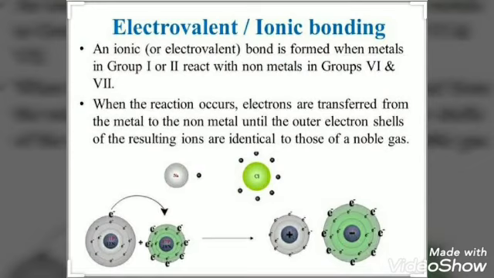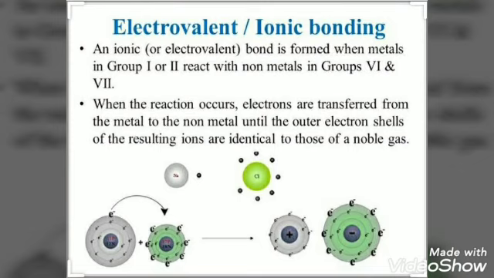The positive ions and the negative ions attract one another. The strong force of attraction developed between the oppositely charged ions is known as an ionic bond. The compounds containing ionic bond are called ionic compounds, which are made up of ions.